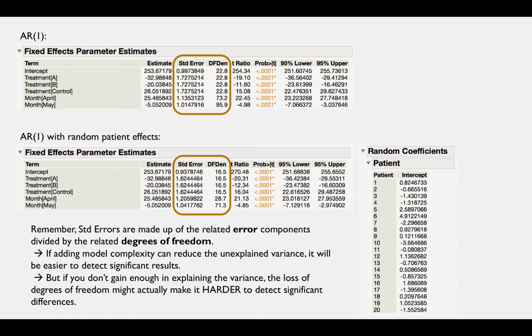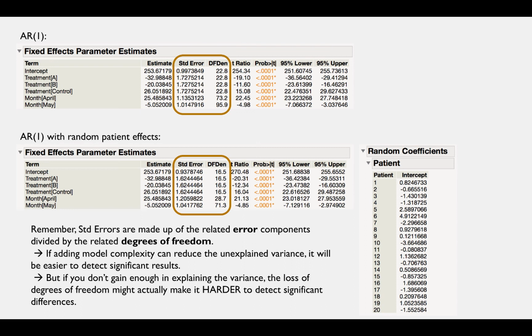And so that's why we're looking at the balance of adding parameter estimates versus how much we're able to explain. Because if we add model complexity, but we reduce that unexplained variance, we will actually get better detection of significance. On the other hand, if we don't gain enough in explaining the variance, losing those degrees of freedom will make it harder to find significant differences.